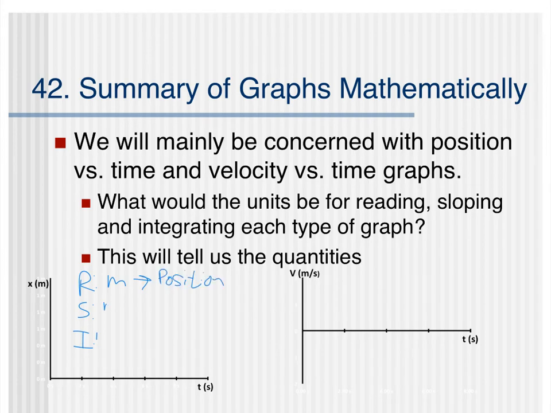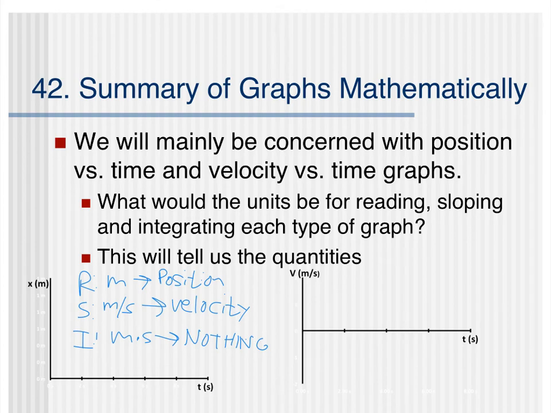If I slope it, it's going to be y over x. That's going to have units of meters per second, which is going to represent velocity, and we've talked about that conceptually. If I integrate it, it's going to have units of meters times seconds, and maybe you know what that is, but I don't. But that is going to be nothing. There is no meaning for integrating a position versus time graph.